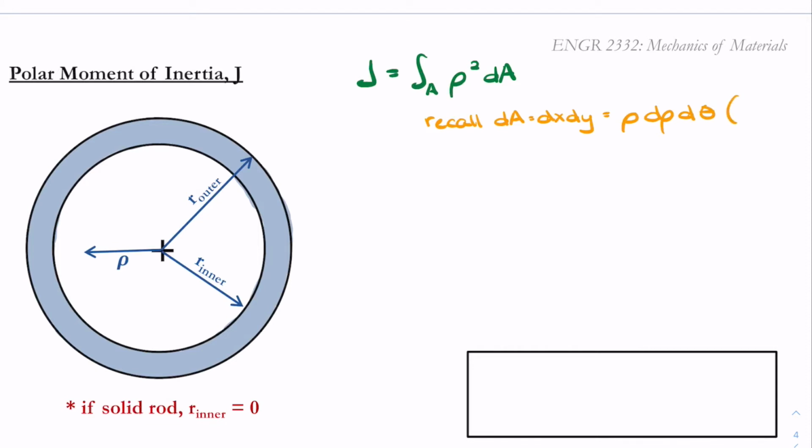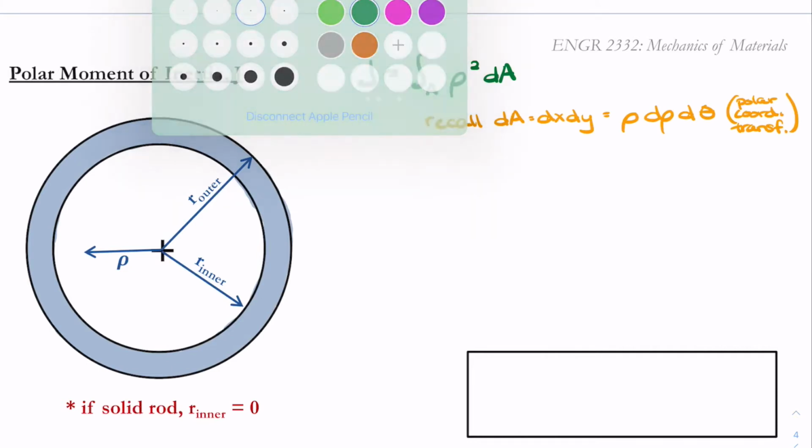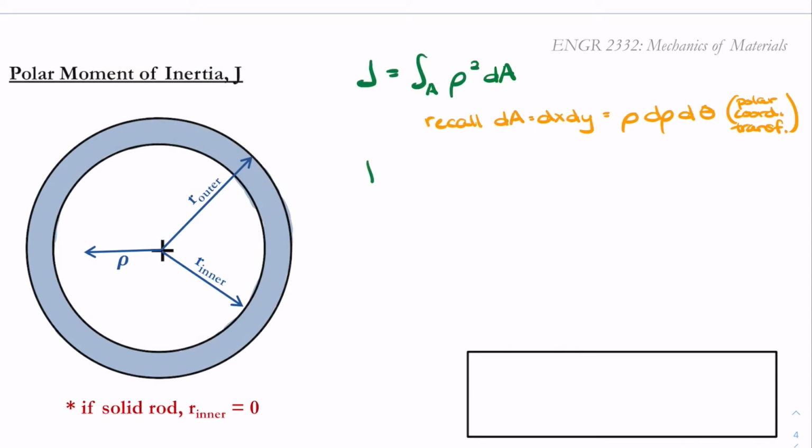But I want to work in polar coordinates because this is a circle. So dx dy translates to rho d rho d theta in polar coordinates. You can go back to calculus 2 and recall how this happens, but for now, just take my word for it. So J is going to be the area integral of rho cubed d rho d theta.